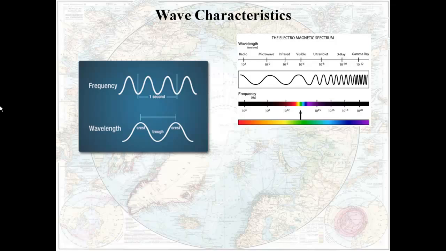And so the frequency is the number of waves that fit inside of a unit time window. The wavelength is the distance between peaks in a wave, between adjacent peaks. So you know that the frequency is the inverse of the wavelength, and you can think about things in terms of what the frequency is or what the wavelength is.